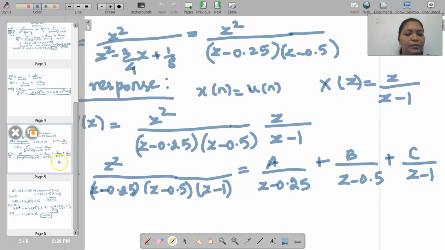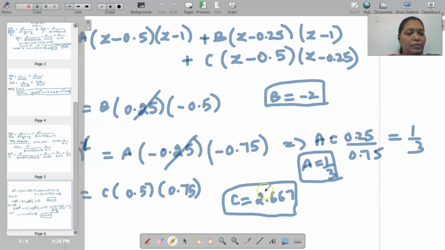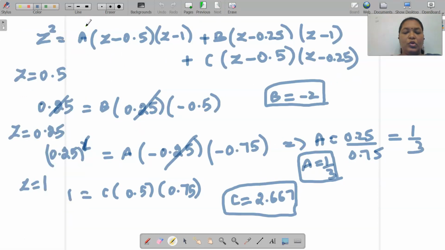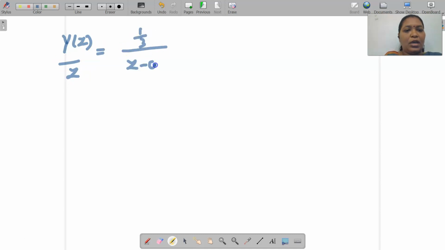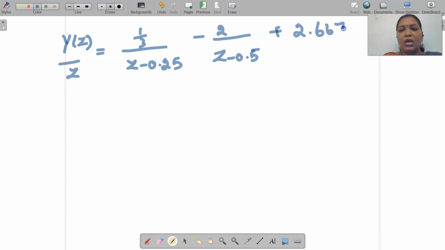So we have to substitute all those values in the y of z equation. A is 1 by 3, B is minus 2, C is 2.667. So already we know y of z by z is 1 by 3 divided by z minus 0.25, B value minus 2 divided by z minus 0.5, C value 2.667 divided by z minus 1.